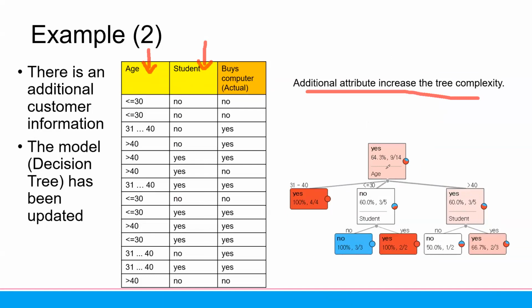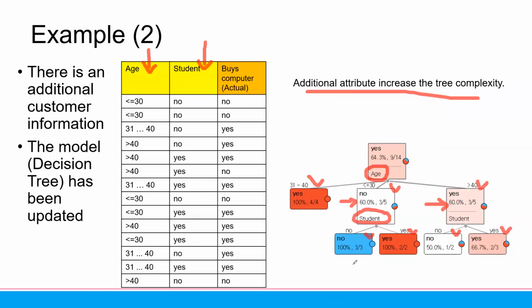I have the age attribute to split first, and then I use the student information to split the node that still can be split. So this can split to no and yes, and this also can be split to no and yes.